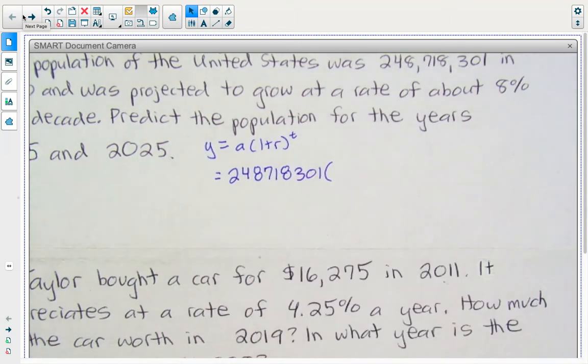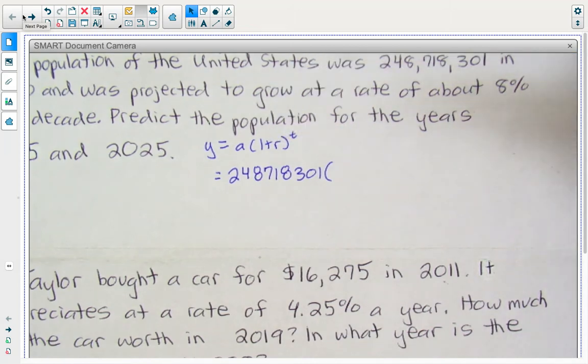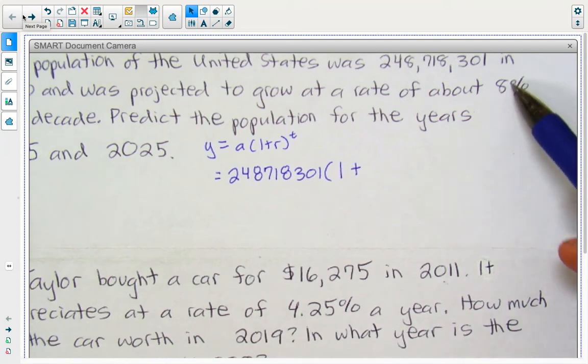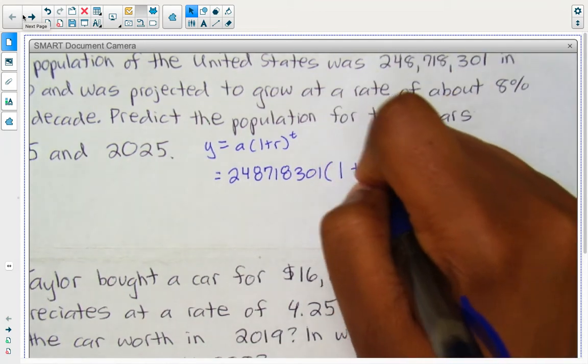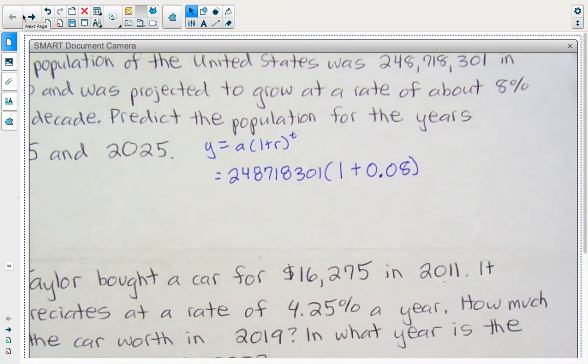That's our A that we're starting with. It says to do 1 plus R. So 1 plus 8%. We need to change that to a decimal. So that's going to be 0.08. You move your decimal 2 to the left. The decimal point is right here after the 8. Move it 1 spot, move it 2 spots.